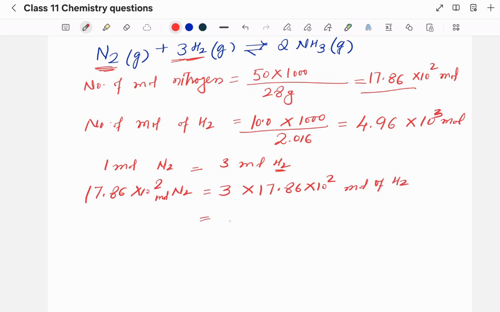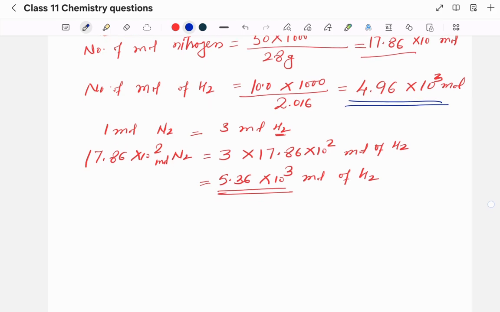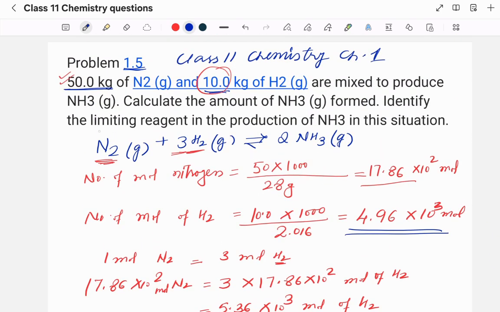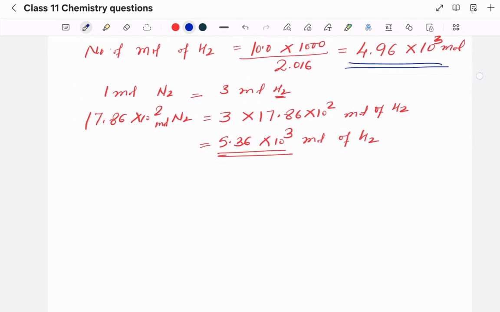If we multiply it, it becomes 5.36 into 10 raised to power 3 moles of hydrogen. Now this much hydrogen should be there, but we have been given less hydrogen. So hydrogen is given less, hence it becomes the limiting reagent.